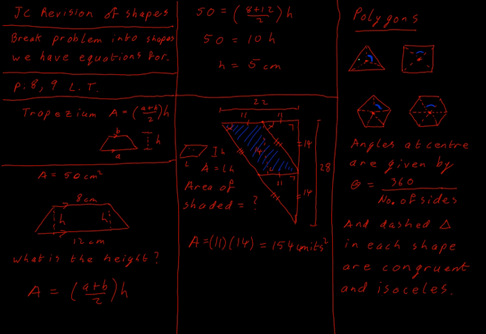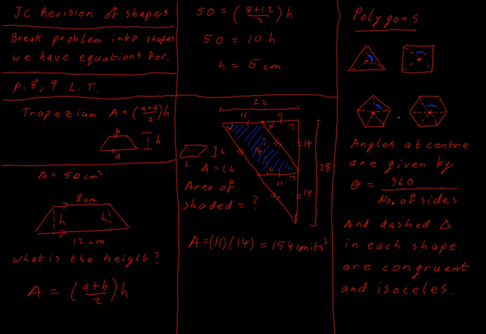You will get a bunch of congruent triangles. This triangle is the same as this triangle, is the same as this triangle, and likewise for the 5 triangles here, and for the 6 triangles here. They are all congruent, each one in each shape. They're not congruent with each other, but they are all congruent in the same shape.